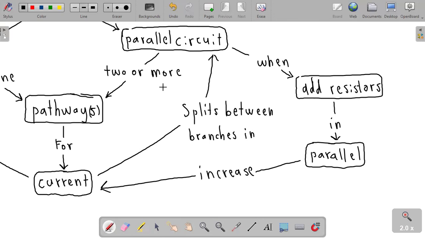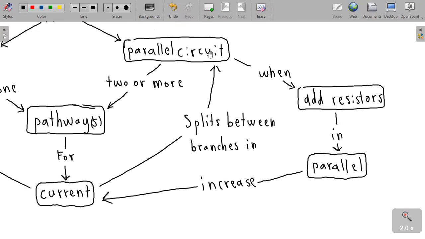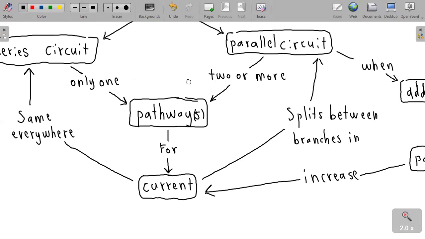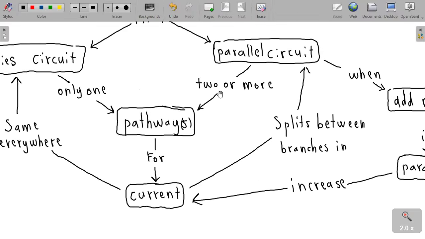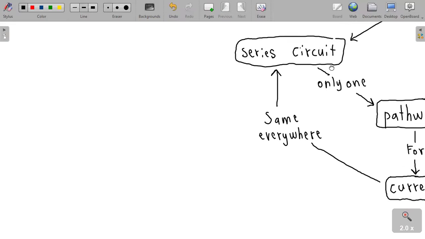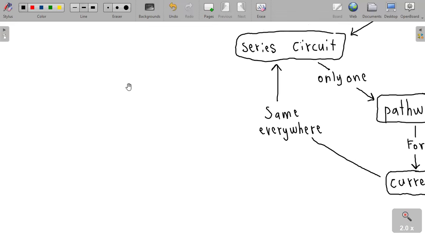So when we go to the other side, this is for a parallel circuit. Then what about for a series circuit? Now, for a series circuit, when you add resistors, what will happen?